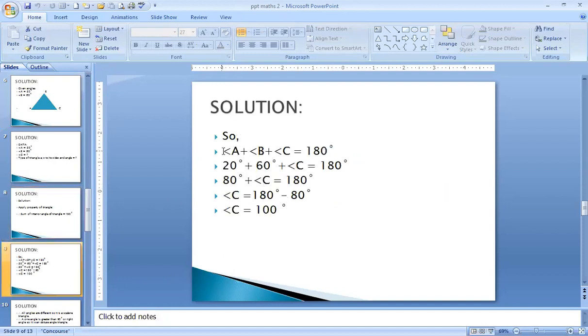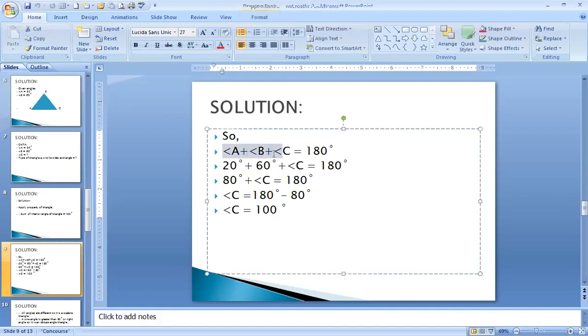So we sum up all these interior angles, angle A, angle B, and angle C, and the sum of these three interior angles equals 180 degrees. It is the property of a triangle.